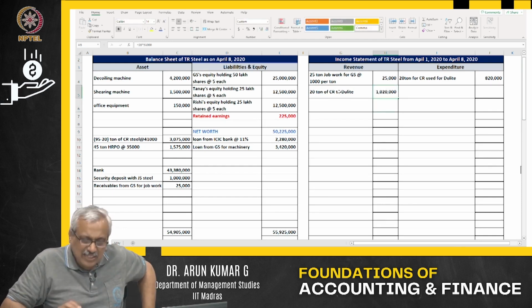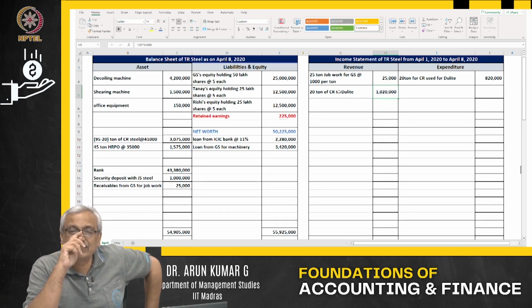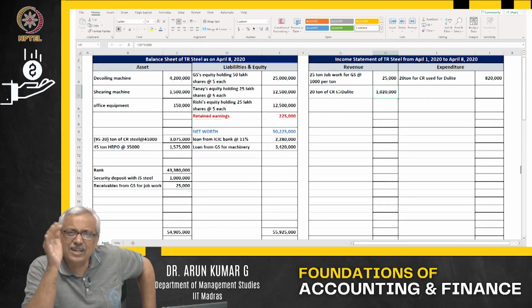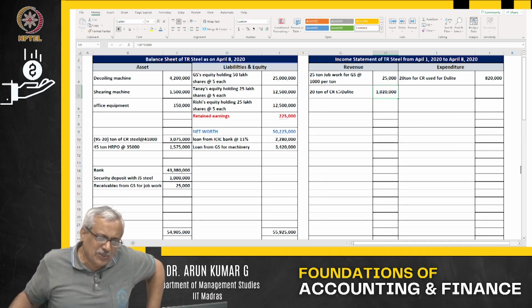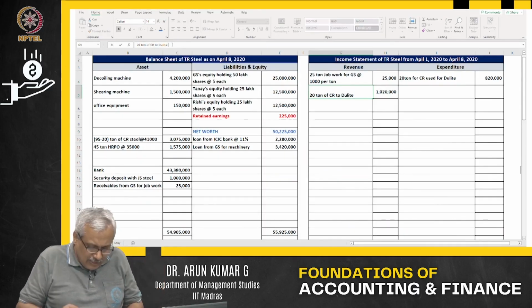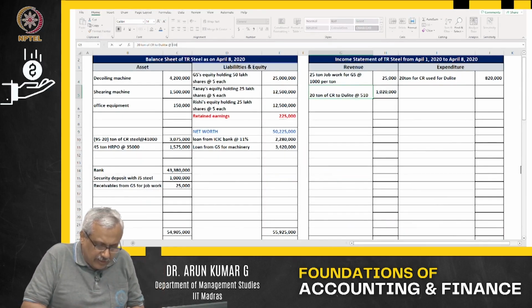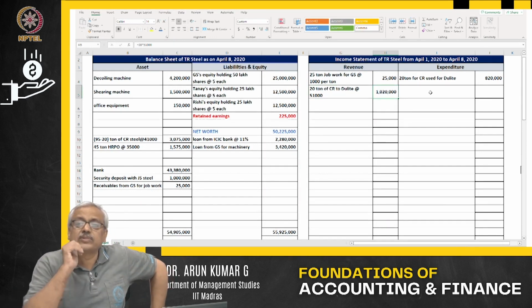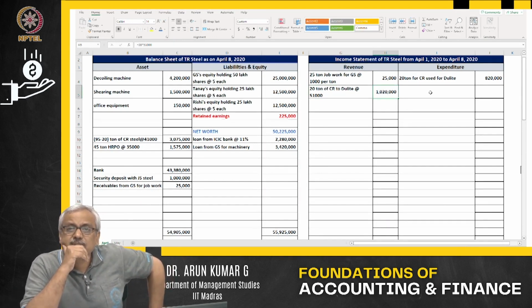So, you have basically sold it. The first part of the transaction was utilization. So, asset went down, expenditure increased. Second part of the transaction, you have made a sale. Sale means what? You have made a sale to Dulite at 51,000. Let me put it out here. Sir, I have not received it.